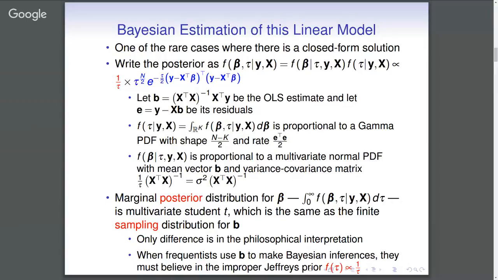priors. If your cousin is a frequentist and that person repeatedly draws observations from the population, does this over and over and over again, the distribution of the OLS estimator for the coefficients will also be multivariate student t with expectation equal to beta, the true regression coefficients in the population.